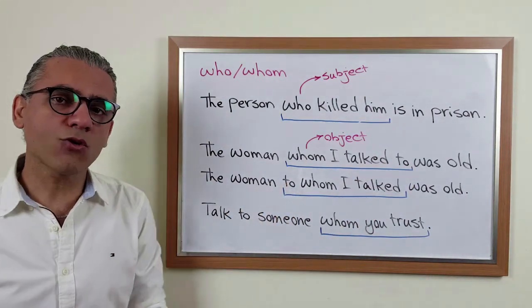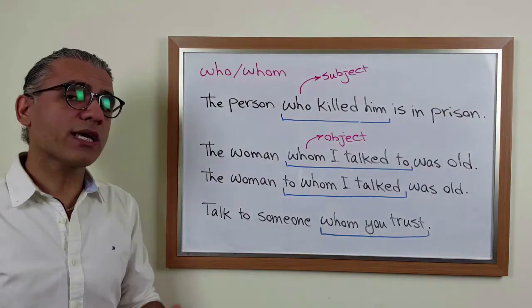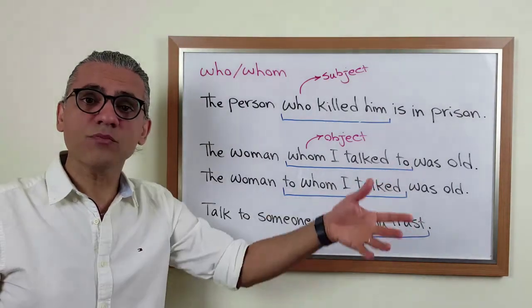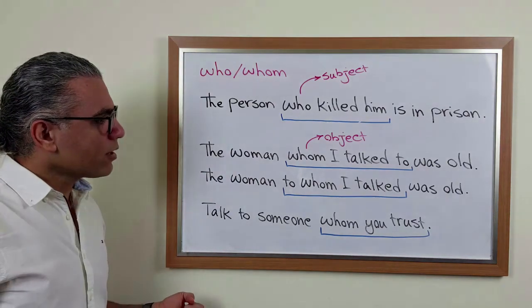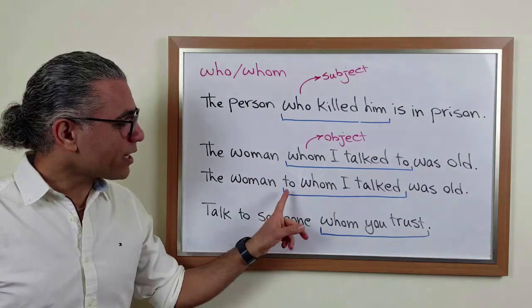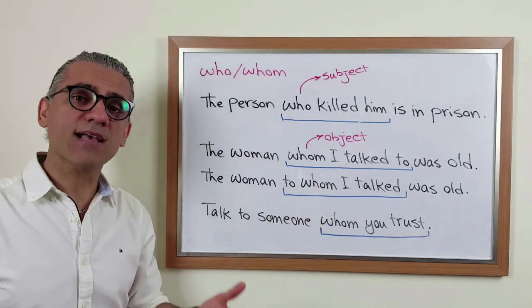Actually, a lot of linguists or a lot of English speakers believe that we cannot finish a sentence or a clause with a preposition, sometimes even think of it as inappropriate. So, if you want to be 100% certain, I recommend you bring the preposition before whom if your main verb has a preposition.